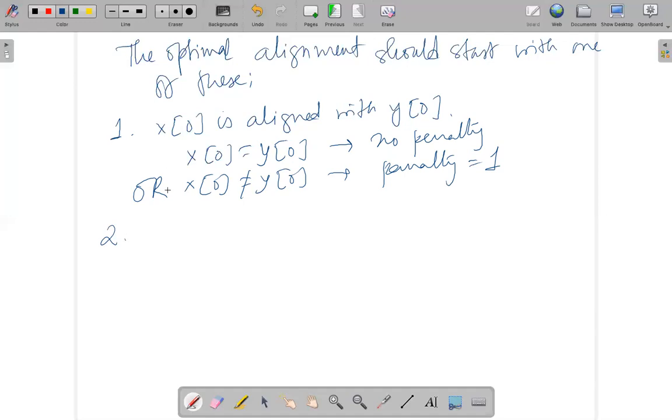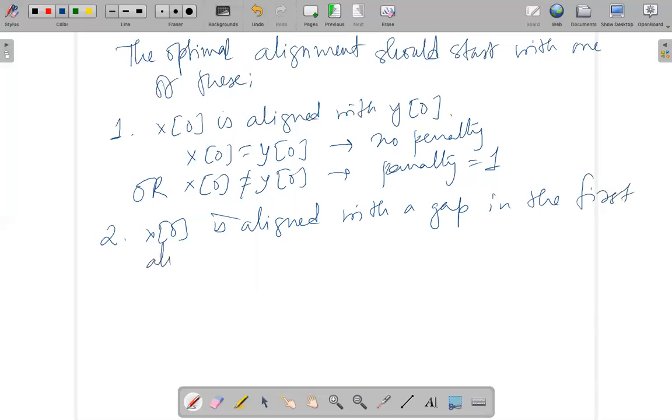Second case, x0 is aligned with a gap in the first alignment site.